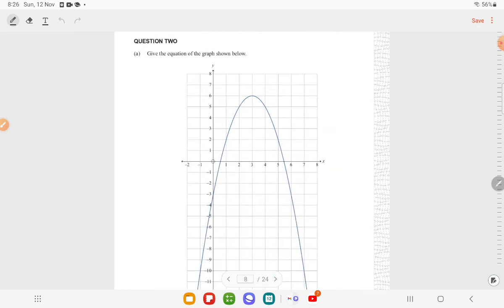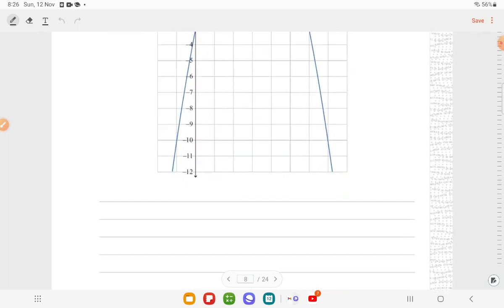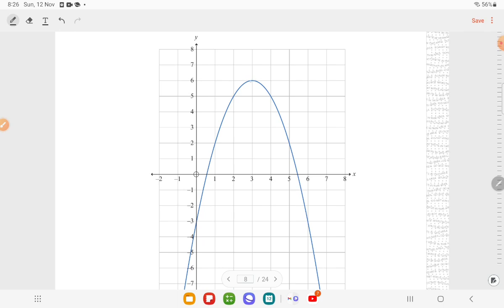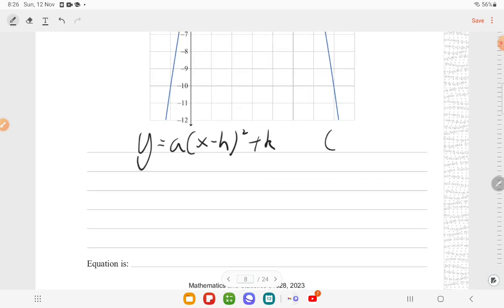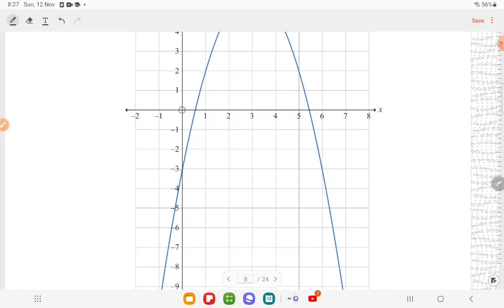Give the equation of this graph shown below. So again, we could use the vertex form y is equal to a of x take away h squared plus k. We can see the vertex is here, so at 3, 6. Vertex 3, 6: y is equal to a of x take away 3 squared plus 6. Then let's just choose this point.